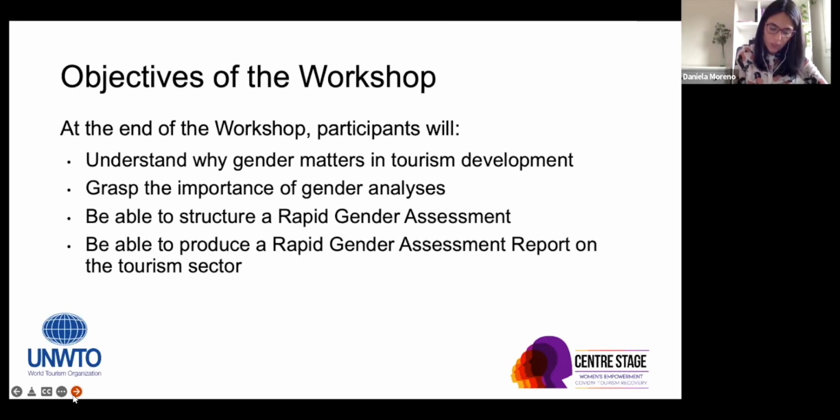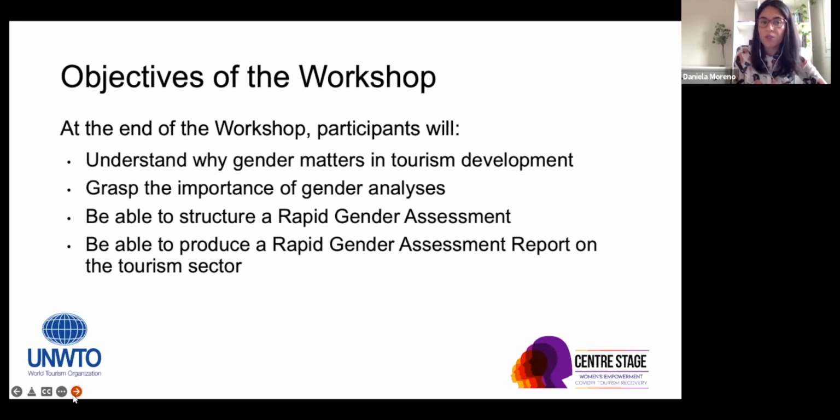So for that reason, the overall objective of the workshop is to learn how to undertake a rapid gender assessment in tourist development. And at the end of this workshop, you, the participants, will be able first to understand why gender matters in tourist development.